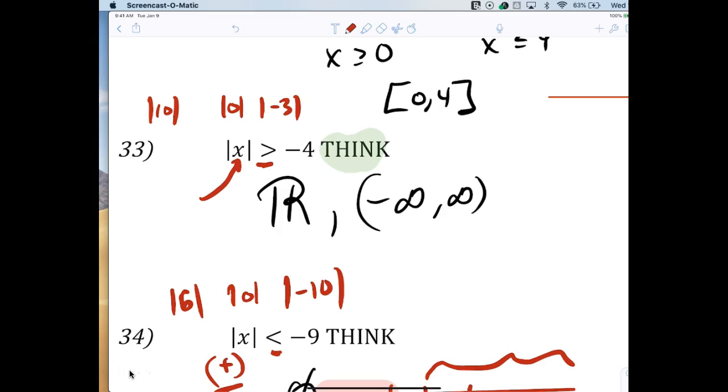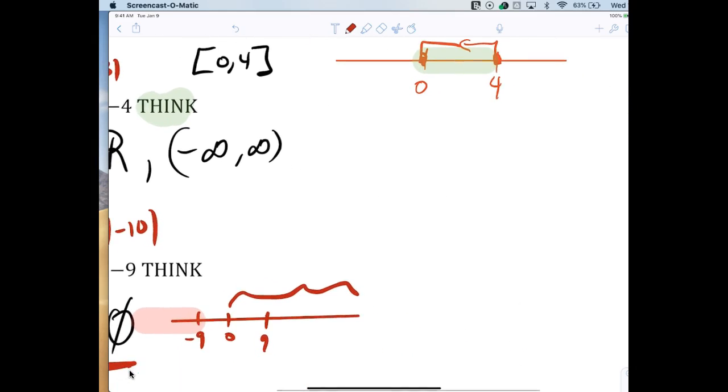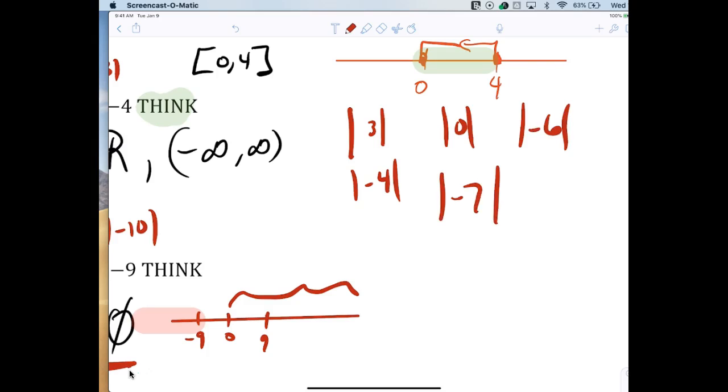Speak up loud. Even if you're not 100% sure, speak up. Good. That's good. So when you're doing absolute value, what I keep doing is giving you examples. Every single one of those answers is going to be what?